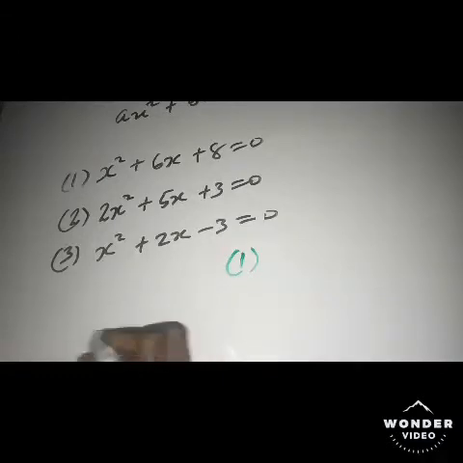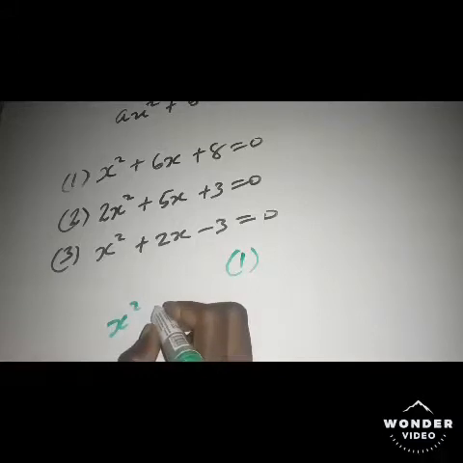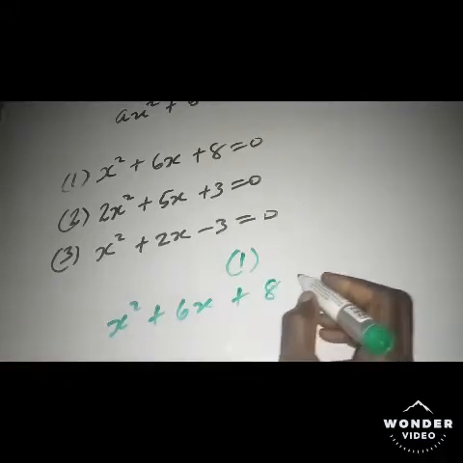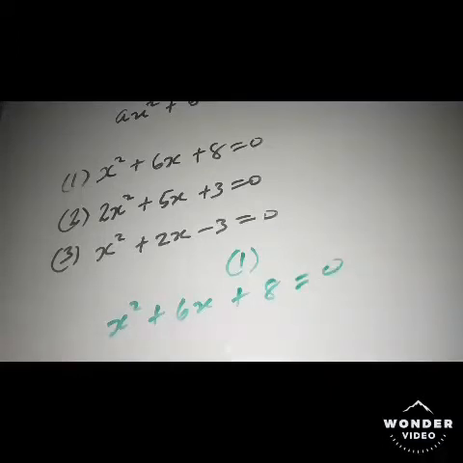Solution number 1. Here I have x squared plus 6x plus 8 equals 0.